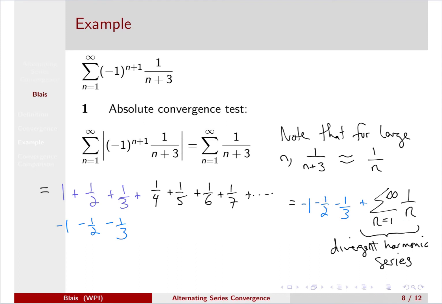So this means that because this series was divergent, our alternating series fails the absolute convergence test. So this tells us that the alternating series is not absolutely convergent.